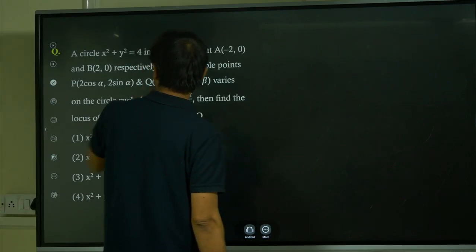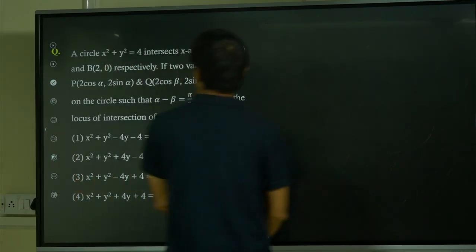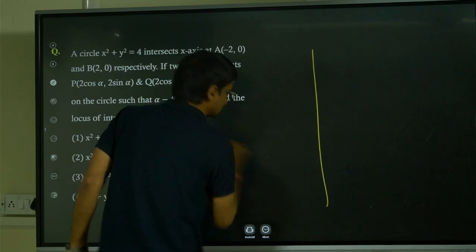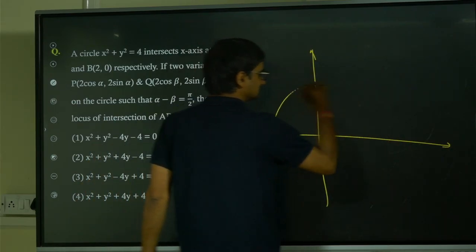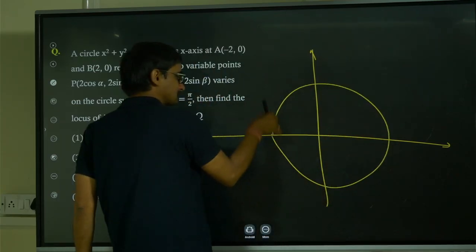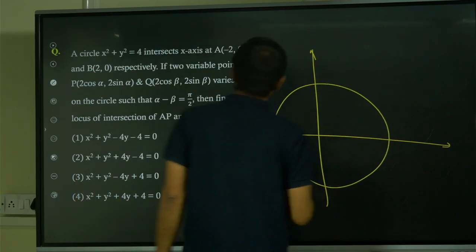Moving to the next one, a circle x square plus y square intersects the x axis at -2 and 0, and 0.